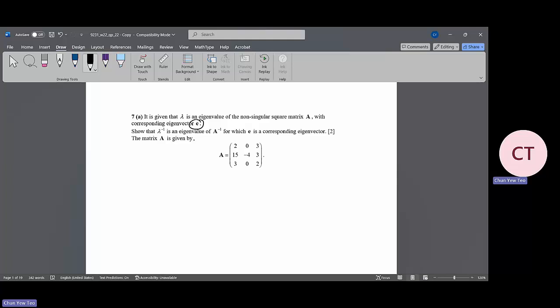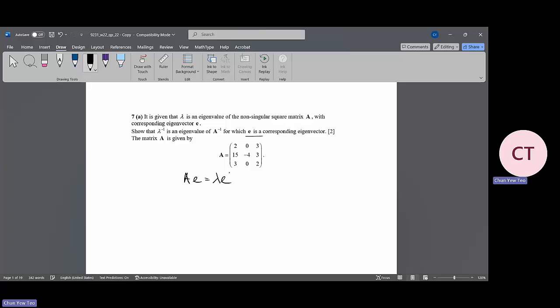So we have an eigenvector E. Show that lambda power -1 is an eigenvalue of A inverse for the E, which E is corresponding to the eigenvector. Okay. So what you need to do here is that we just start from here.